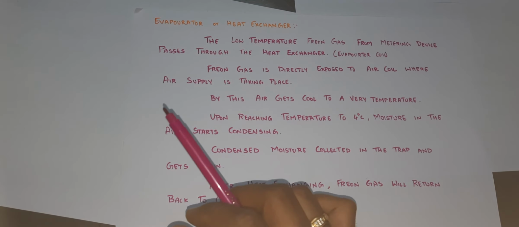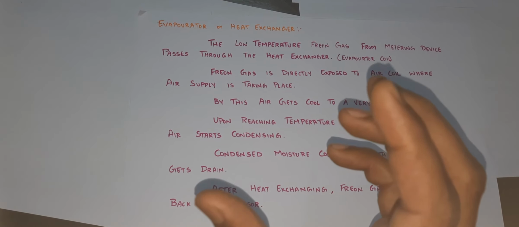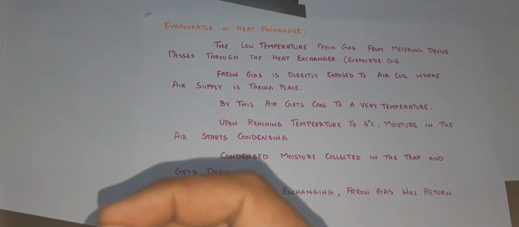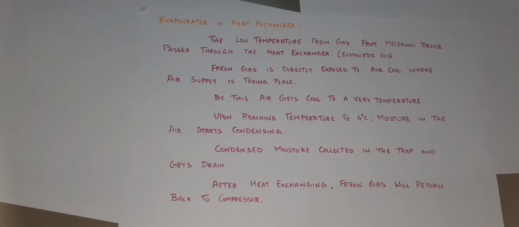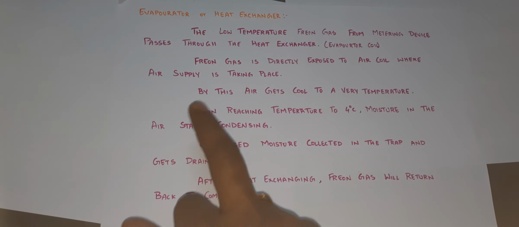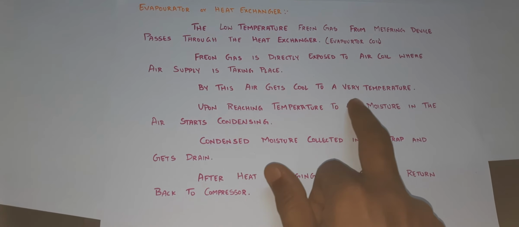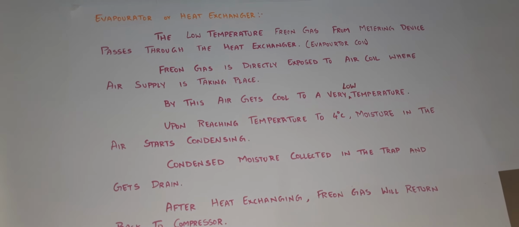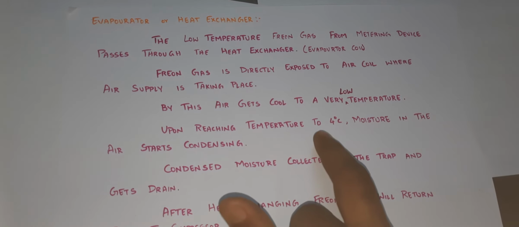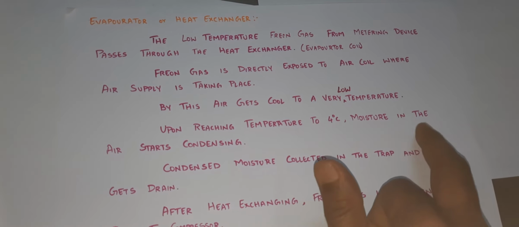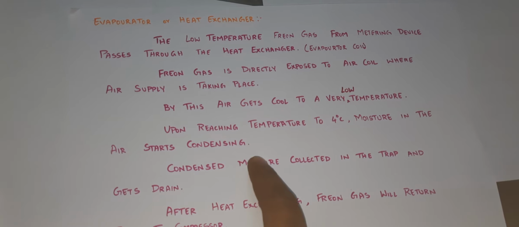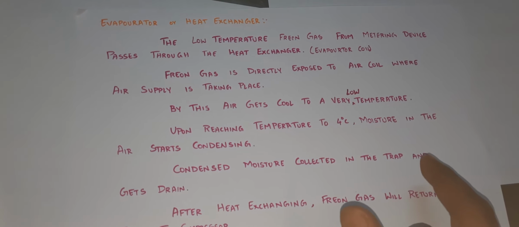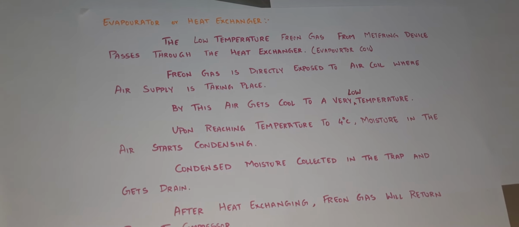This cool freon gas will directly exchange heat with the air. By this, the air gets cooled to a very low temperature. Upon reaching a temperature of 4 degrees centigrade, moisture in the air starts condensing. This condensed moisture is collected in the trap and gets drained with the help of the cock.